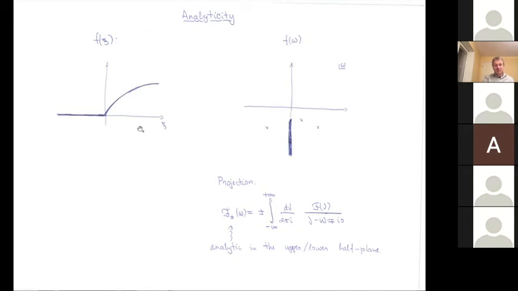There is a simple but important statement that if you have a function that is real analytic, defined on the positive semi-axis and zero on the negative semi-axis, then its Fourier transform can be analytically continued without singularities into the upper half plane of the frequency.